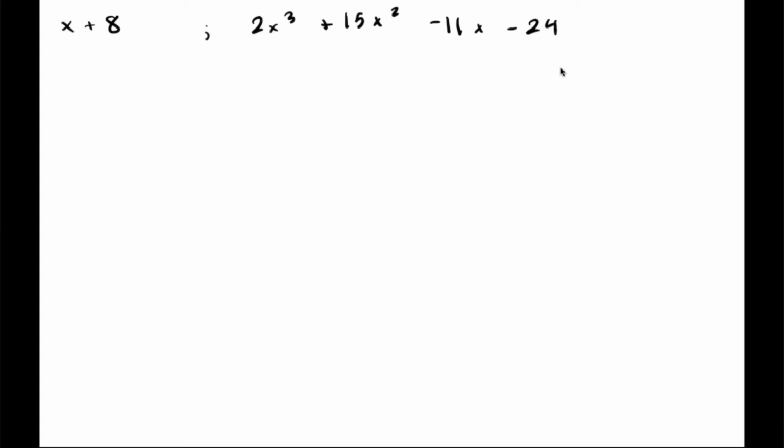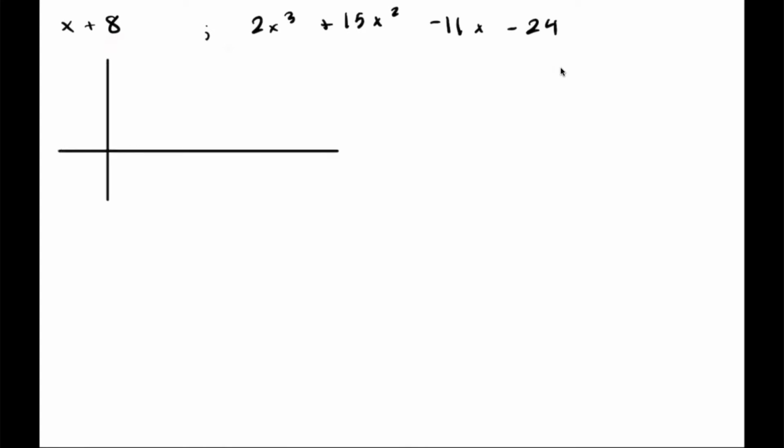First, you will divide this by this binomial, x minus a, to find out if it is in fact a factor of this polynomial. And that will be the case if the remainder is 0.